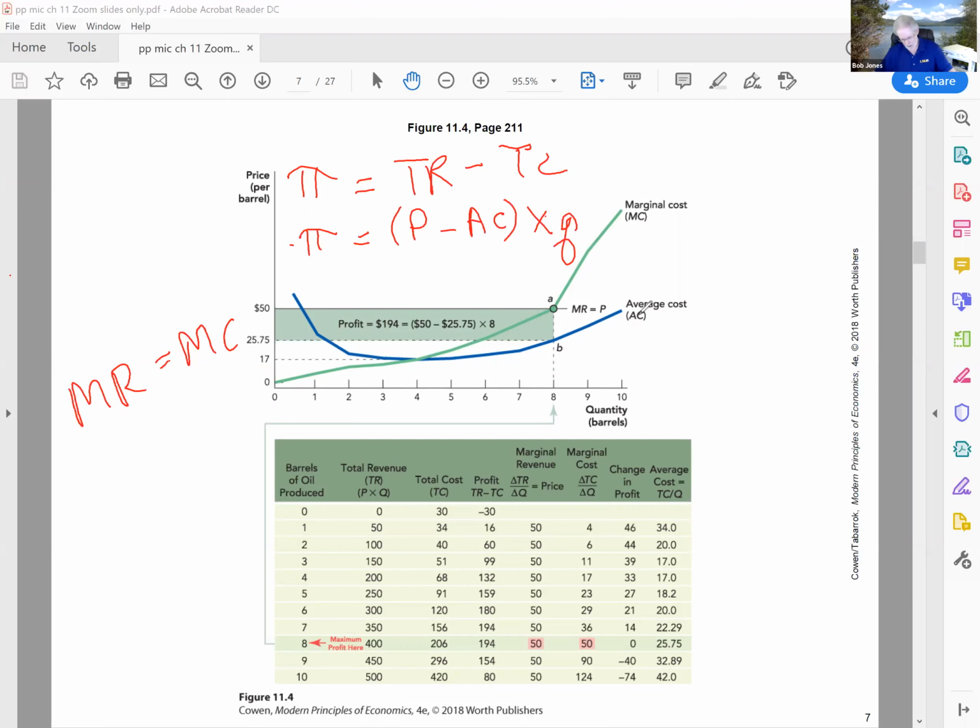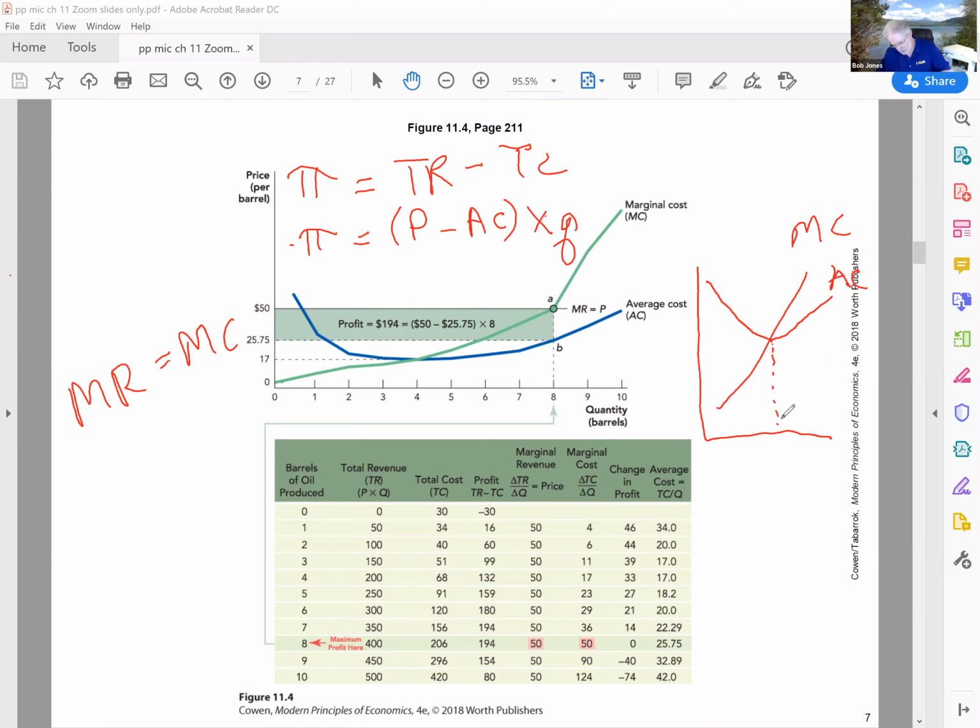Average cost is very different. You can see it's downward sloping at first, hits a minimum, and then it becomes upward sloping. And that is one thing you want to remember. Our typical marginal cost curve looks like that. Our typical average cost curve is going to look like that.